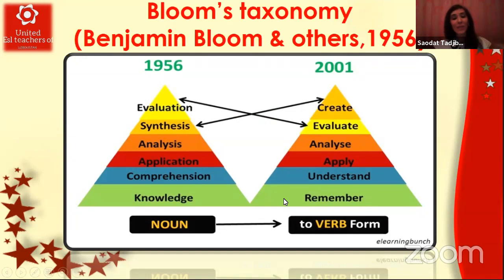What your students will do in the remembrance stage, what they can do when they understand it, how they can apply it, and while analyzing, what kind of actions they will do, and what they can evaluate here before they create some new activity.